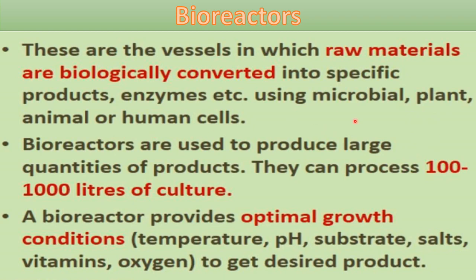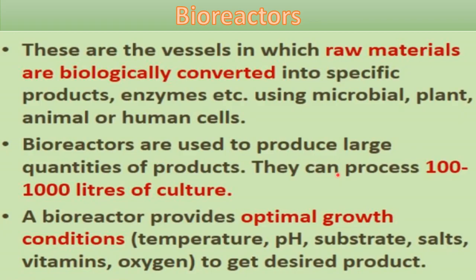So these cells can be used here for the preparation of any protein or enzyme. All these are kept in bioreactors, and then we get our products from them. Bioreactors are used to produce large quantities of products.